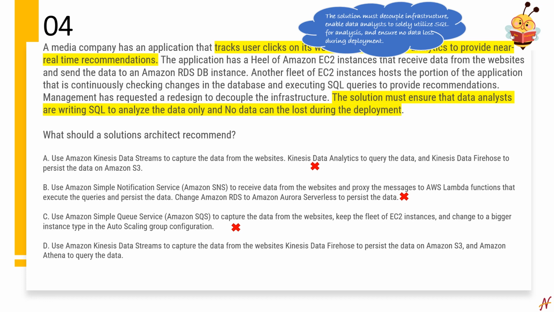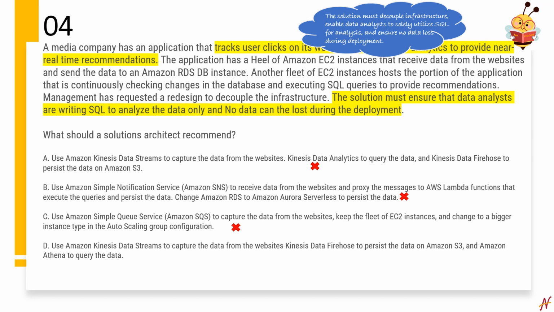And option D: use Amazon Kinesis Data Streams to capture the data from the websites, Kinesis Data Firehose to process the data on Amazon S3, and Amazon Athena to query the data.